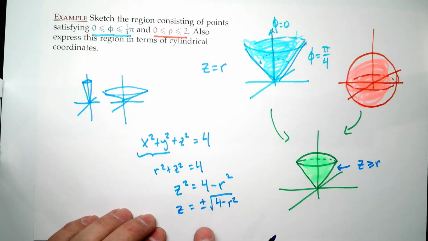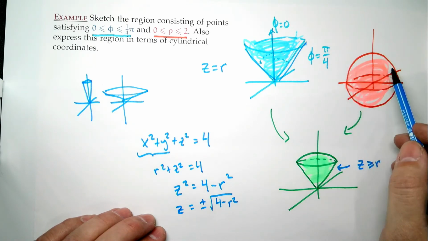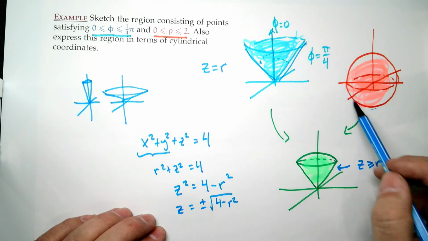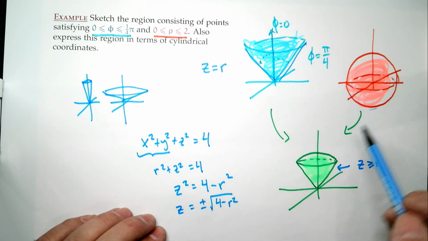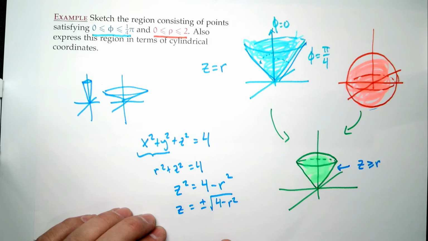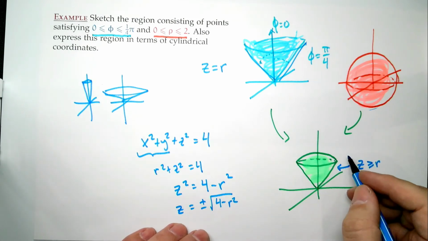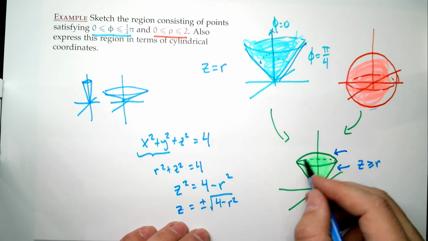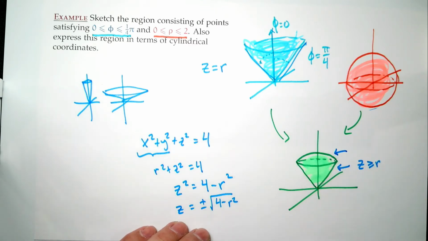What does the plus or minus represent? The plus is the top half, and the minus is the bottom half. You might say it seems like we're missing variables, but remember, there's no theta here, so theta can be arbitrary. This is getting back into that spinning action. It doesn't matter what the value is because we can spin theta around, so it sweeps everything out. If I want to be below this top part, what needs to be true about my z?